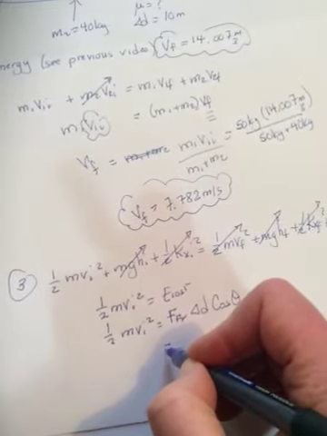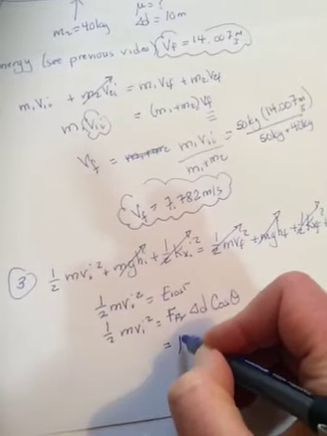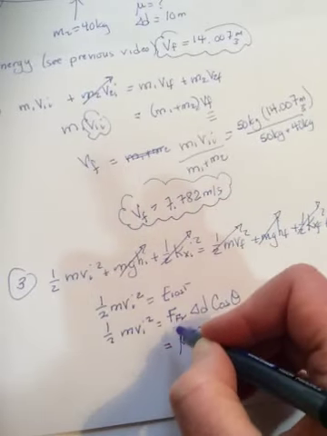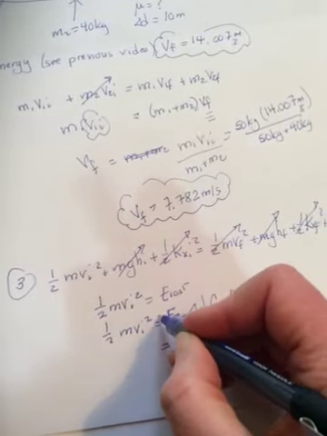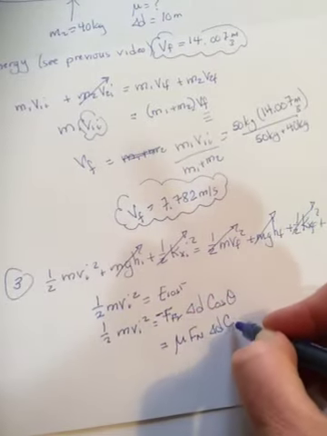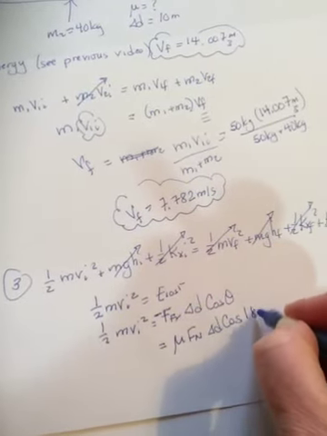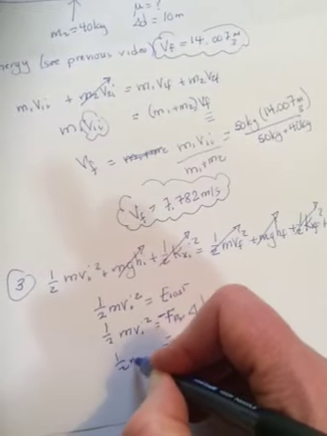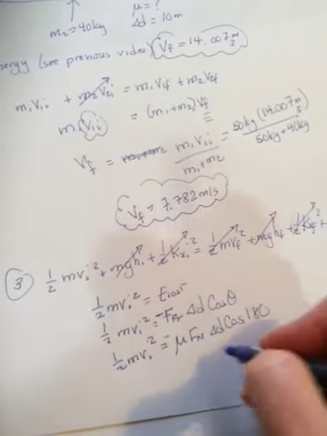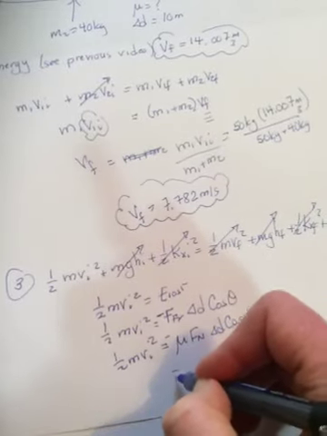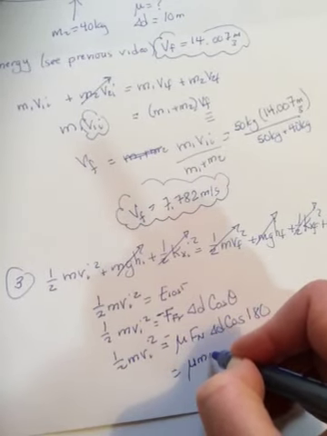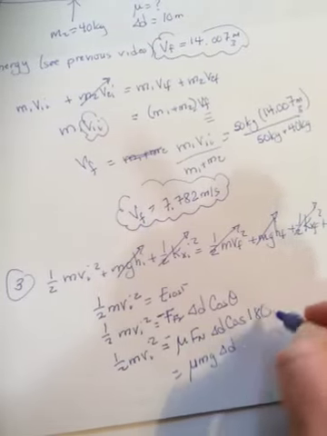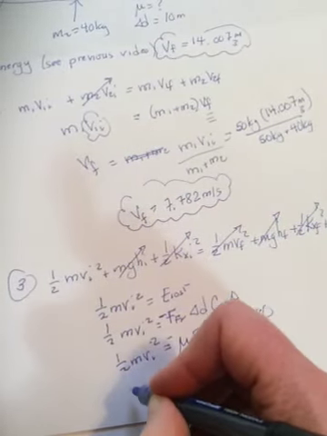It's on a straight level surface, so friction is mu Fn. It's really going to be negative because it opposes motion, but the angle is also 180 degrees because they're in opposite directions, so the two negatives cancel each other out. On a level surface, Fn is just mg. So we have mu mg delta d, and my negative and my 180 are gone.